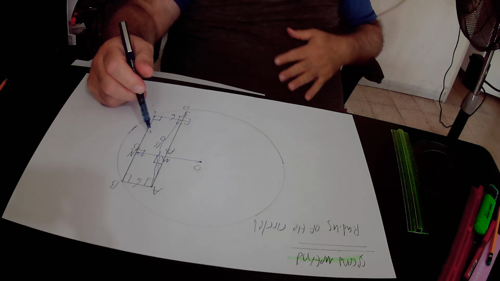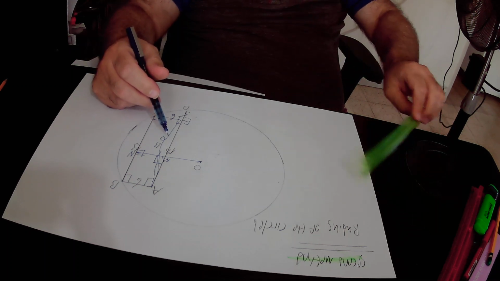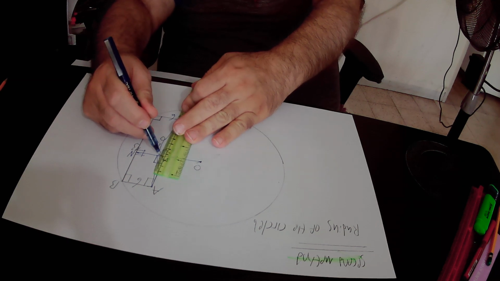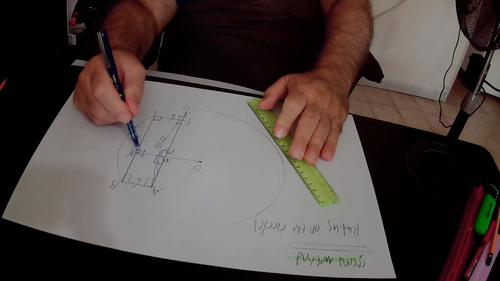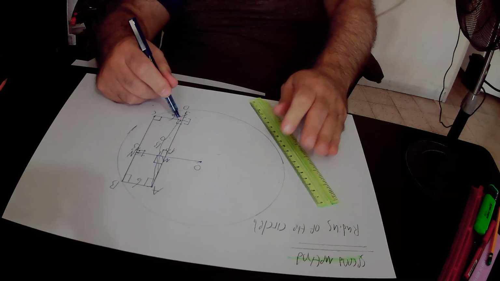Therefore, the fourth angle must also be equal to 90 degrees. I repeat again that this angle equals 90 degrees according to our construction. From point C we draw a perpendicular on AD, therefore this angle equals 90 degrees.